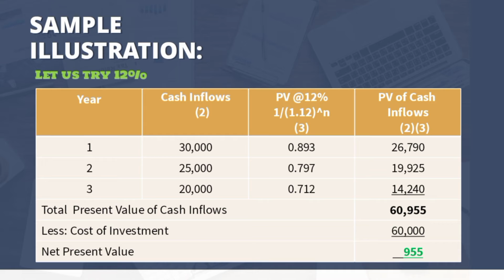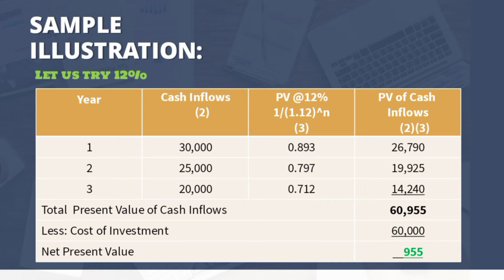And we have the year, cash inflows, present value at 12, present value of cash inflows. So again, we have cash inflows, 30,000, 25,000, and 20,000 for the third year. Then, complete lang natin yung present value ng 12%, which is 0.893 for the first year. Second year, we have 0.797. And third year, we have 0.712. Then, gawin lang natin ulit yung process.